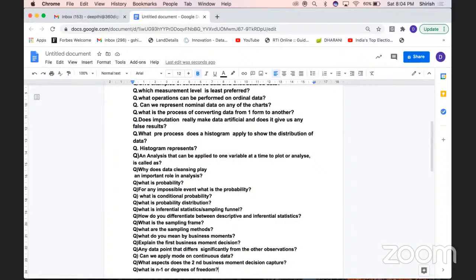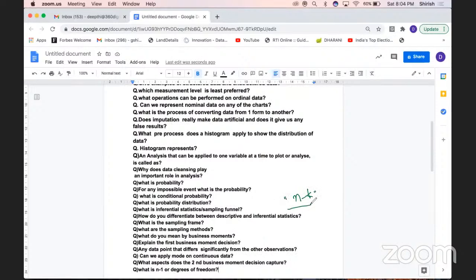When you talk about degrees of freedom, it basically talks about the choice we make, right? We have a choice of making it. So what is the freedom that we have to choose those particular desired data points? It will change from one business requirement to another. So it is not just n minus 1, it is actually n minus k.